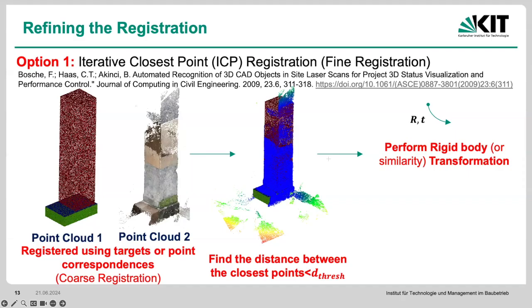We find these points, get the correspondences, do a rigid body transformation, and get the rotation and orientation. Now we have a new point cloud that is registered together with this model. Then we do it again and again until the RMSE is smaller than a particular threshold. That's where we stop. If it's larger than a particular threshold, that's where we continue.